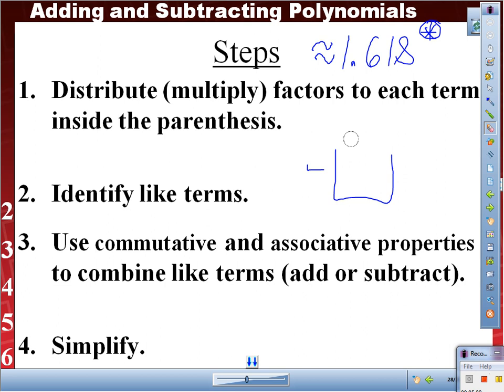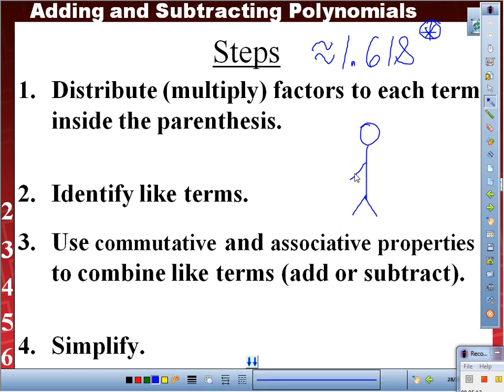Ready? Let's say I ask you to measure your height and divide it by the distance of your belly button to the top of your head. Guess what number it's going to give me? 1.618. If you measure the height and then the length of the wall, what do you know?